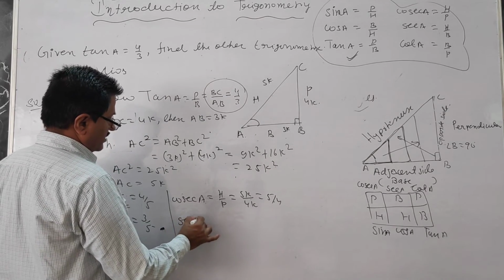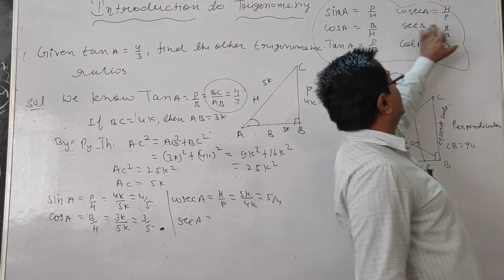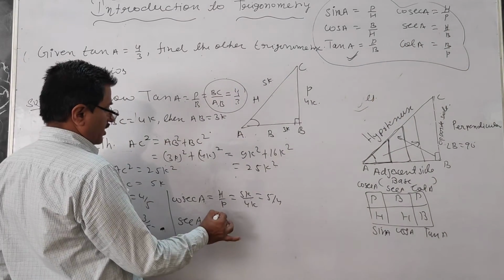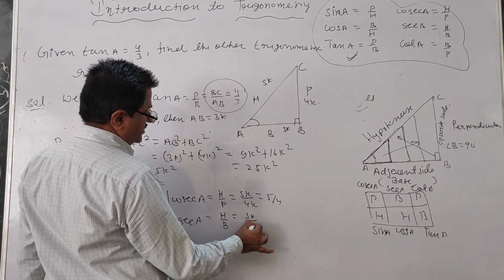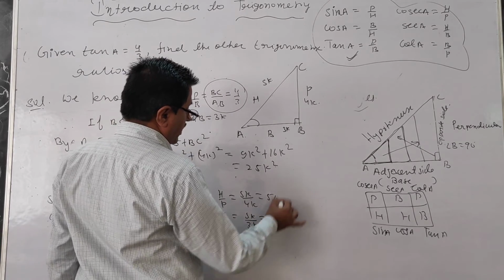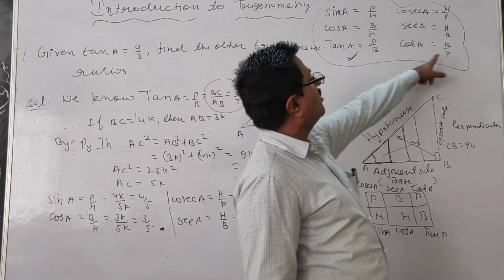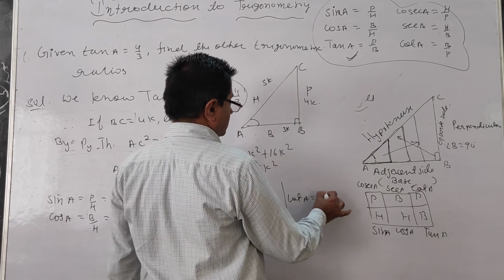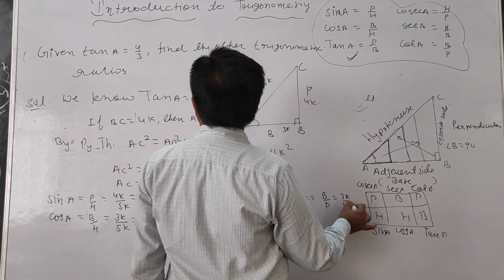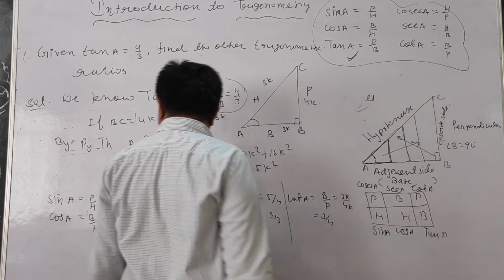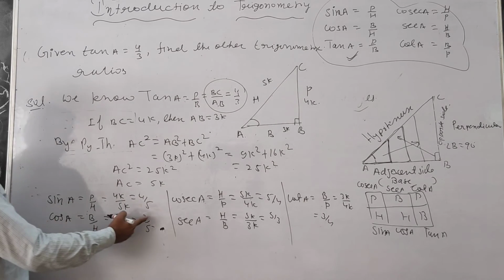Then sec A, directly you can write as the reciprocal of cos A, or you can use the formula sec A as H upon B, that is 5K upon 3K, so 5 by 3. And cot A is the reciprocal of tan A, or it is B upon P, that is 3 by 4.